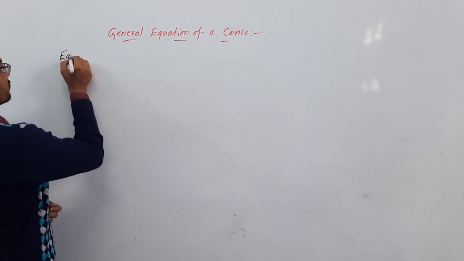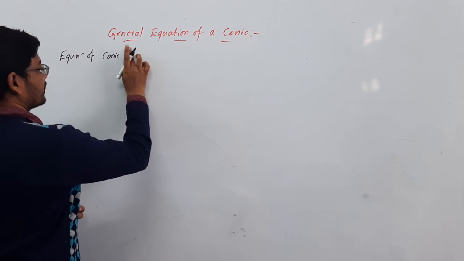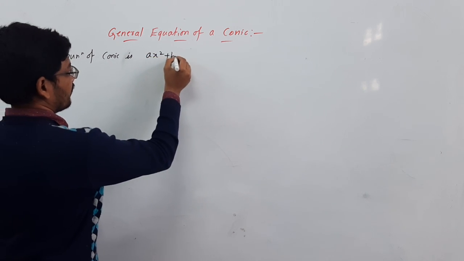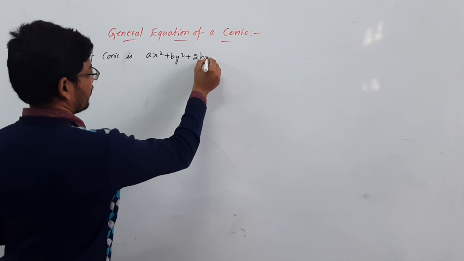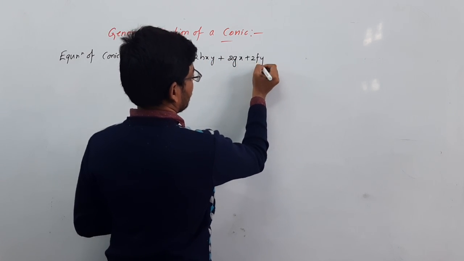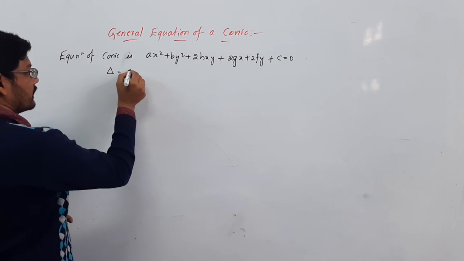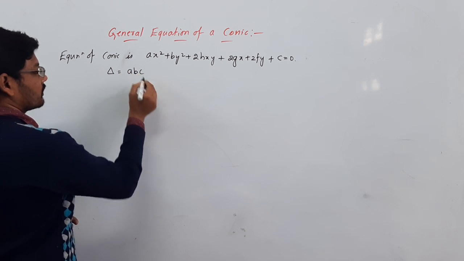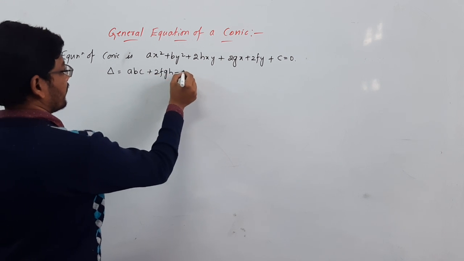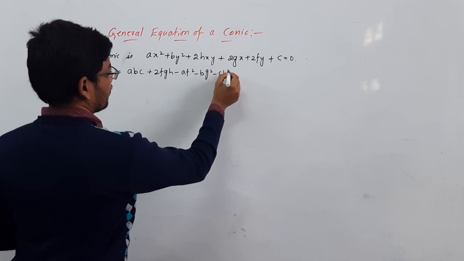And the equation of conic section, the equation of conic I am taking directly. Conic is ax square plus by square plus 2hxy plus 2gx plus 2fy plus c is equal to 0, and the delta condition: delta is equal to abc plus 2fgh minus af square minus bg square minus ch square is equal to 0.